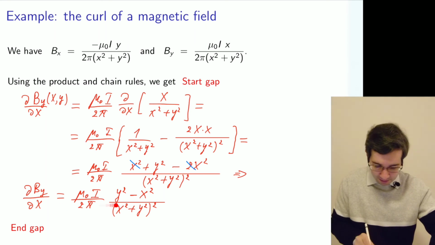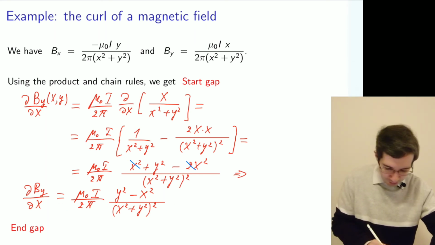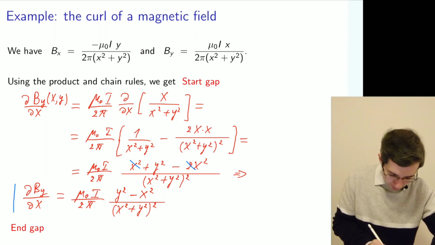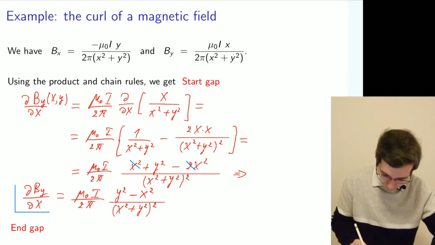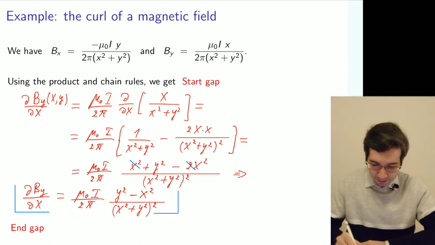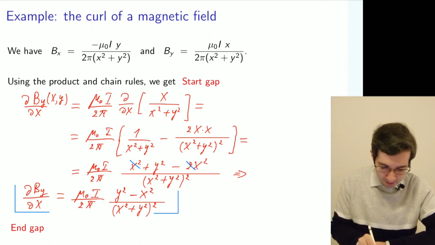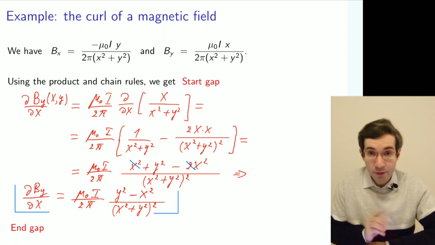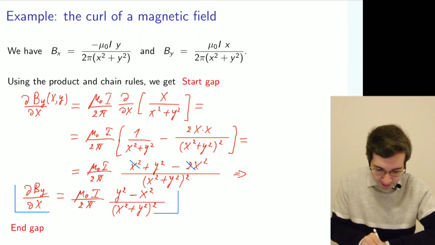So that is all we needed. We now have that component. And we also need another component. We need the derivative of Bx with respect to y. Well, we can do it, but it's also useful to notice that they're really symmetric. The only difference is that there will be a different sign here and y instead of x.